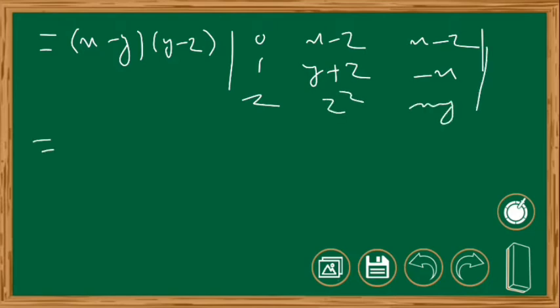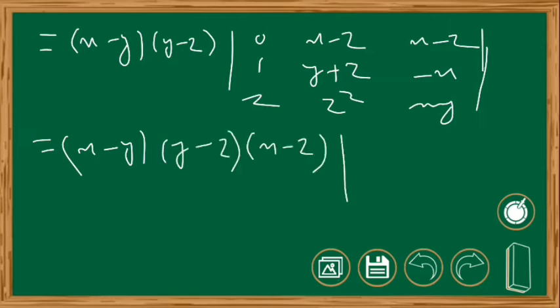Now you take x minus z common from the first row, so this will be x minus y whole into y minus z, and x minus z I have taken outside. This will be 0, this one will be 1, this one will also be 1, this is 1, this is y plus z, this is minus x, this is z square, and this is xy.